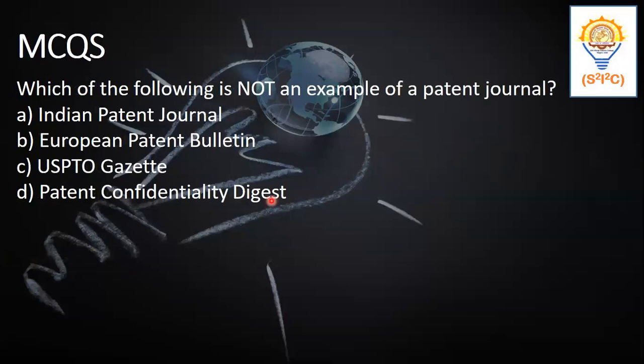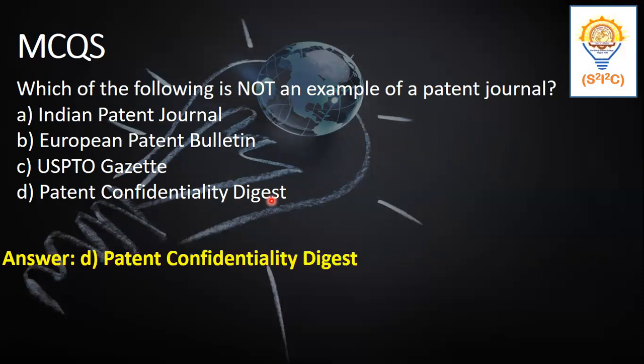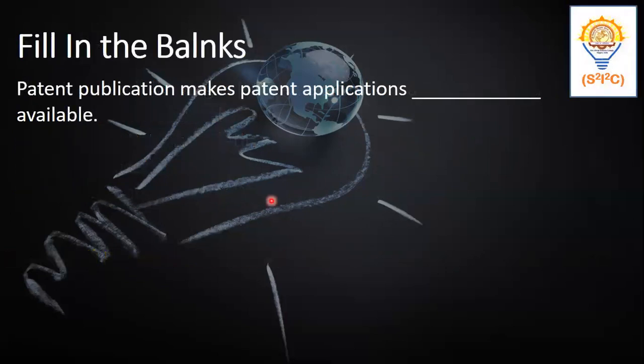Which of the following is not an example of a patent journal: Indian Patent Journal, European Patent Bulletin, USPTO Gazette, Patent Confidentiality Digest. We know that the answer is option D, Patent Confidentiality Digest. Now, there are some fill-in-the-blank questions as well.